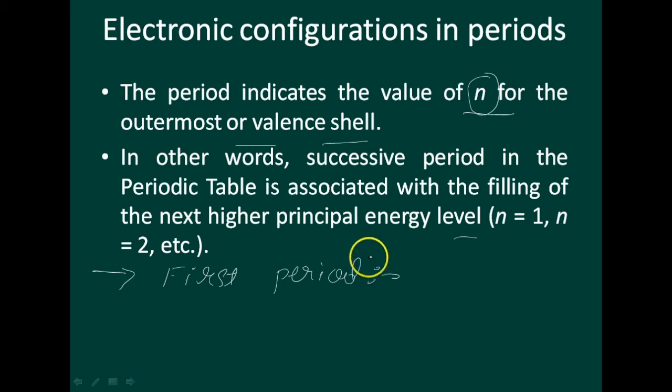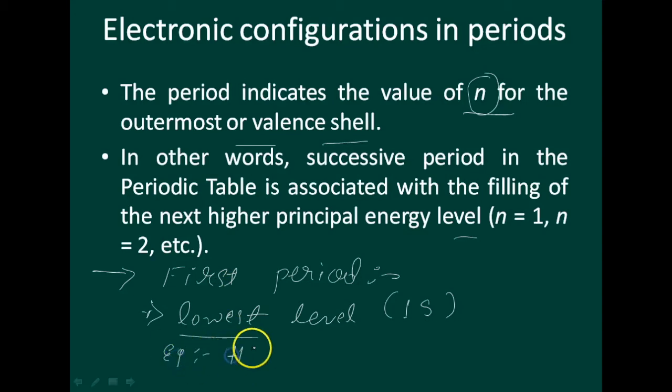The first period starts with the filling of the lowest level, that is 1s, and therefore has two elements, hydrogen and helium. For example, hydrogen has only one electron, so it is 1s¹.